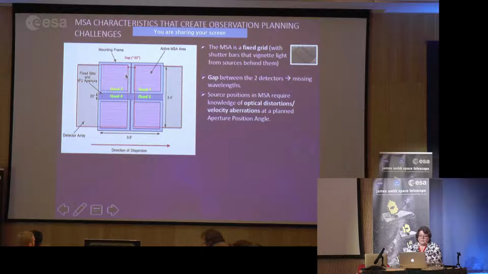And there is most notably a gap of about 20 arc seconds between the 2 detectors. So if you don't have more than 1 pointing on your objects, you are most likely going to have a gap in your medium or high resolution spectra. You're going to see a gap of wavelengths. So you really want to observe using dithering, is probably what you want to do.